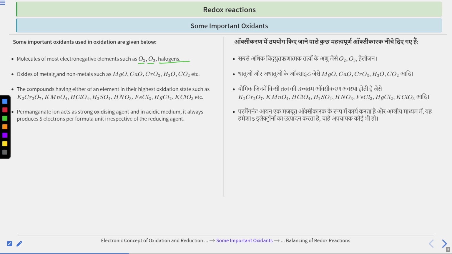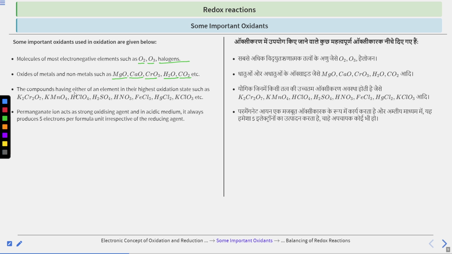Similarly, oxides of metals and non-metals such as magnesium oxide, calcium oxide, chromium oxide, water, and carbon dioxide, CO2, are used as oxidants in an oxidation reaction.